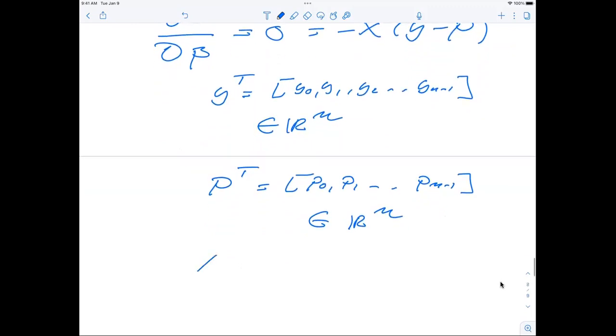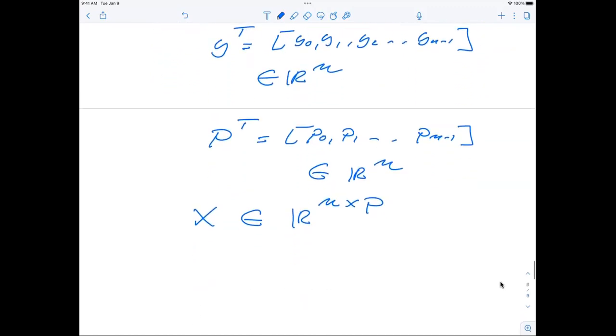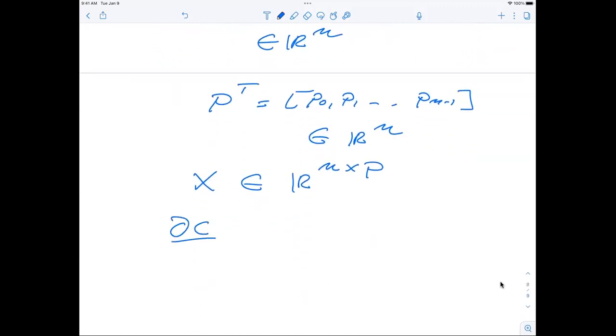And we remember that the design matrix is something we defined to have dimension n multiplied with the number of features. So you see now that this dC/d beta is a vector of length p.